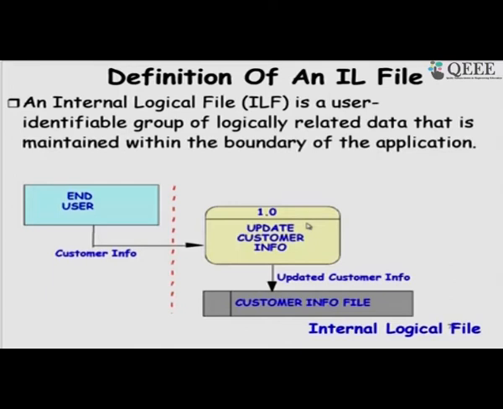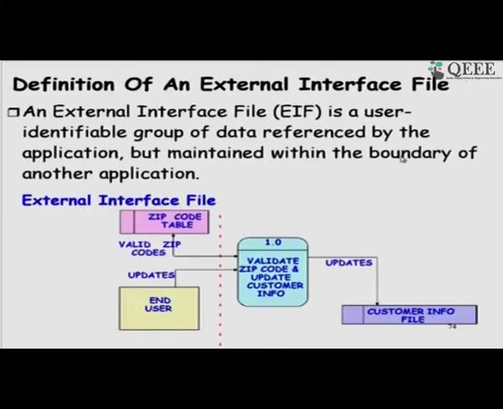And logical file is a data structure maintained internally, and input data modifies the internal logical file, and output data is obtained from the internal logical file. External file is something which either the user has created or another system reads, processes, and basically updates the internal file. So, that is considered an external interface file.